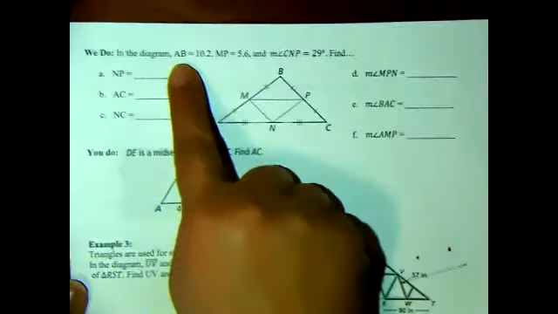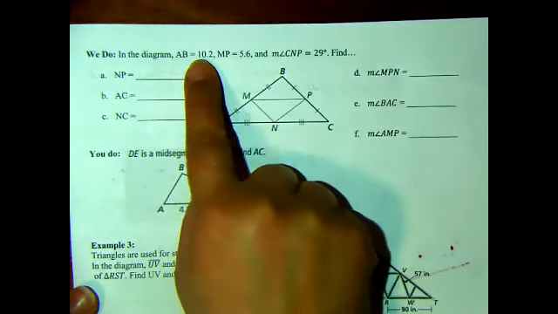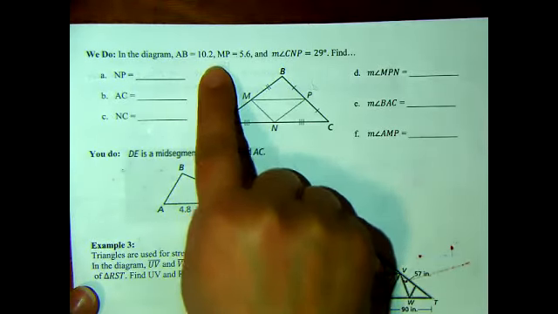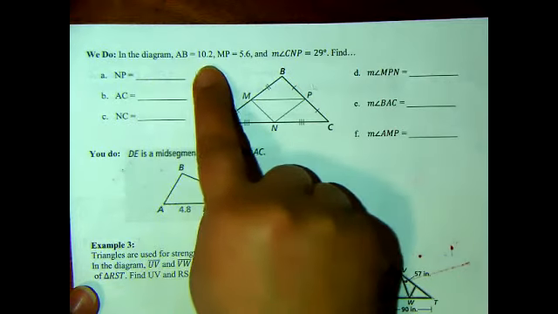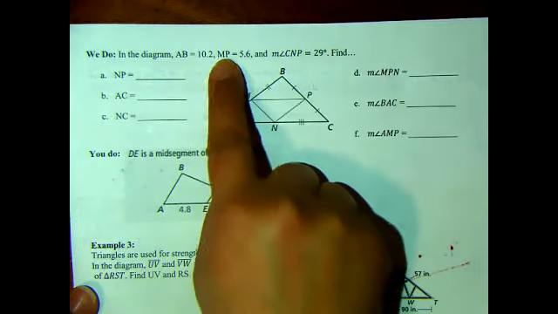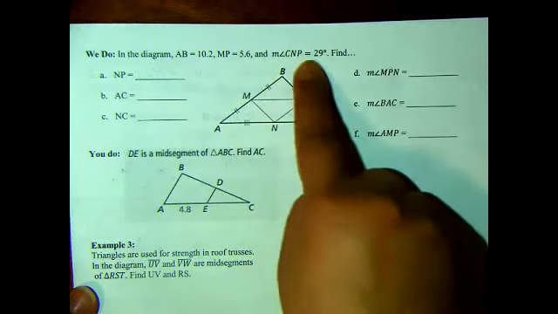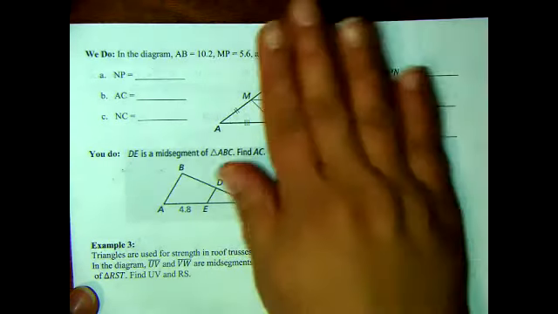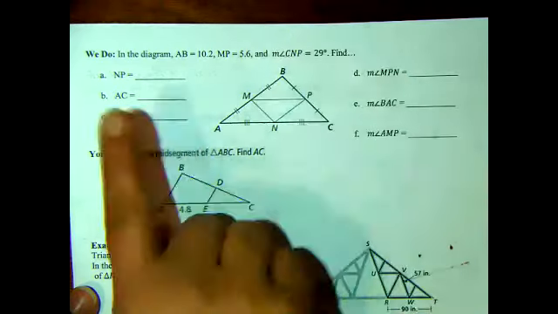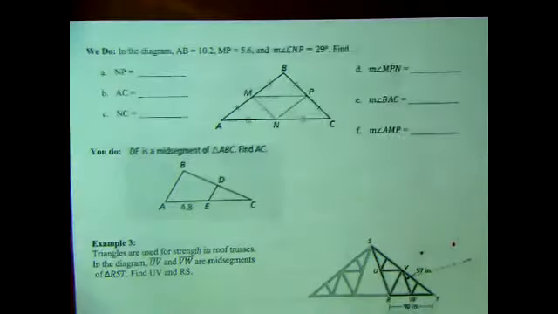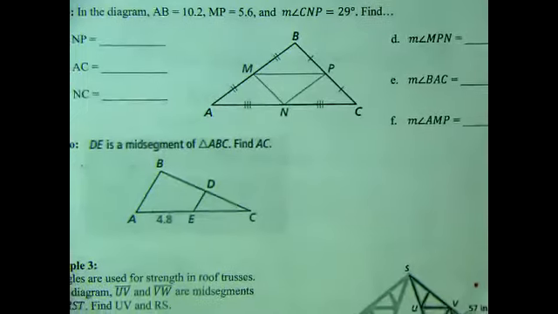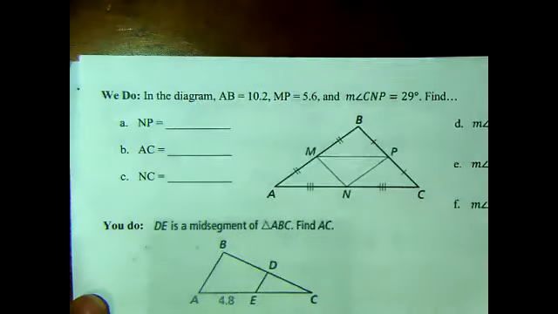We're given AB is equal to 10.2, MP is equal to 5.6, and the measure of angle CNP is equal to 29. I'm going to ignore the angle one real quick. We're going to look at the sides.